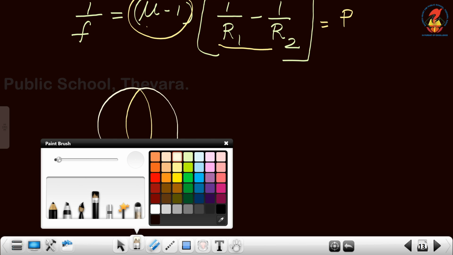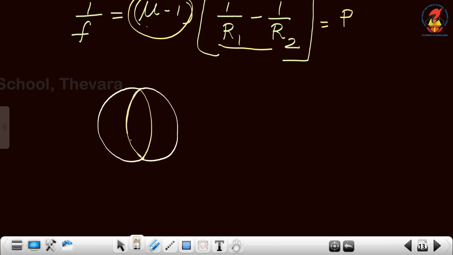For the first refracting surface, the center of curvature will be somewhere here, so R is taken in the direction of light, which means R1 is positive.